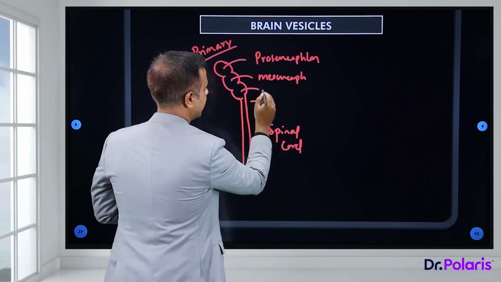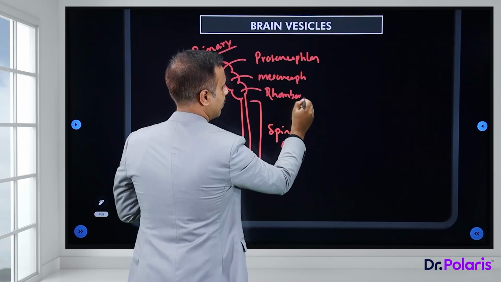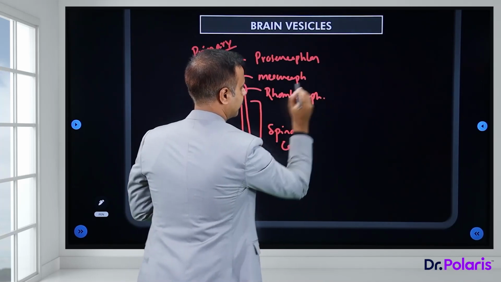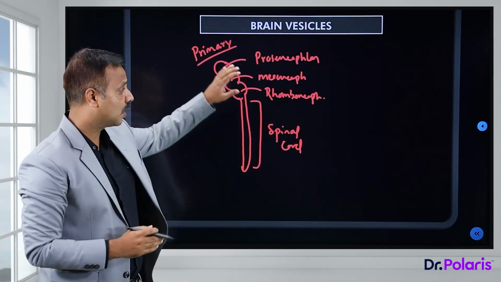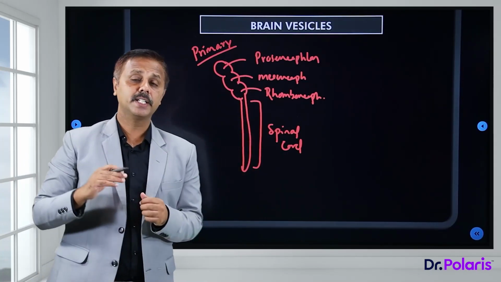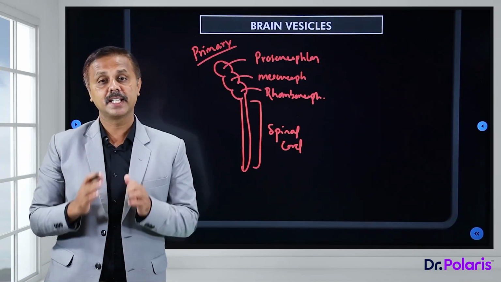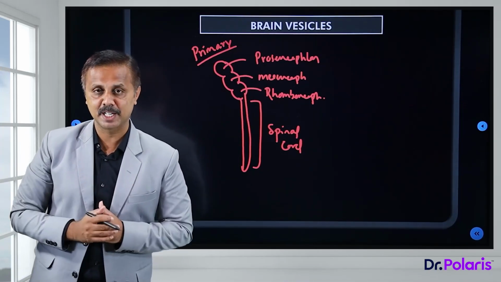And then here we have the rhombencephalon. Now, each of these brain vesicles, except the mesencephalon, undergoes further subdivisions. Right? And these are referred to as secondary brain vesicles.